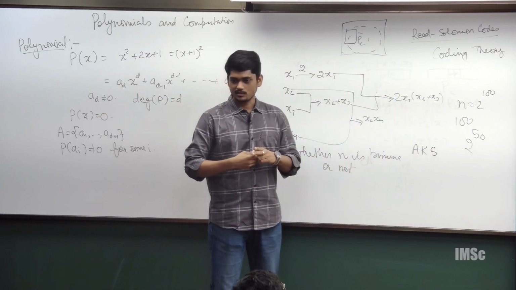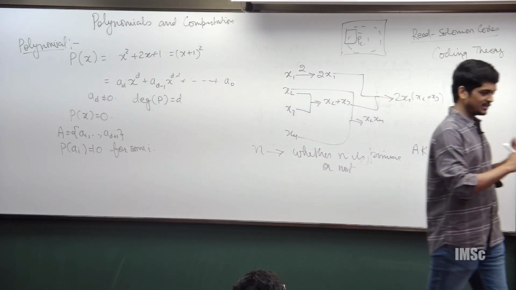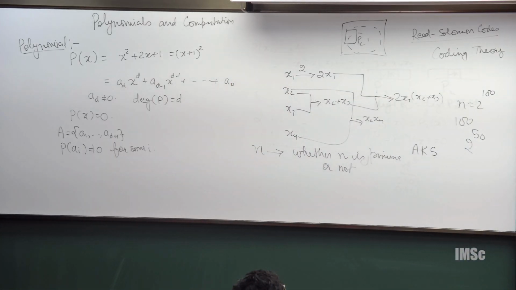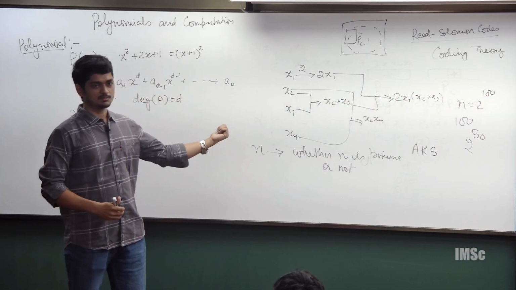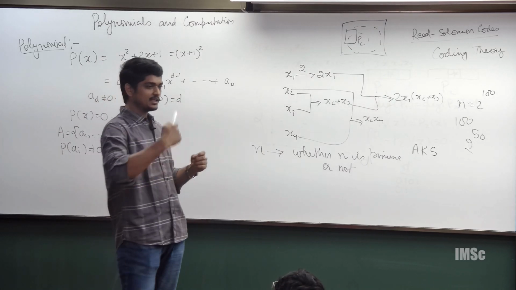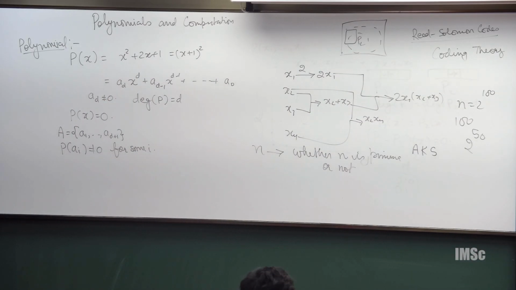So they gave this algorithm in a famous paper called Primes is in P, whatever that means, but they gave a very fast algorithm for checking whether a number is prime or not, and it actually had to do with how do you compute a polynomial quickly. So they figured out that there is some polynomial that if you can actually compute quickly, then you can check whether a number is prime or not, and via that algorithm they were able to prove this result, that there is a fast algorithm for checking whether a number is prime or not.